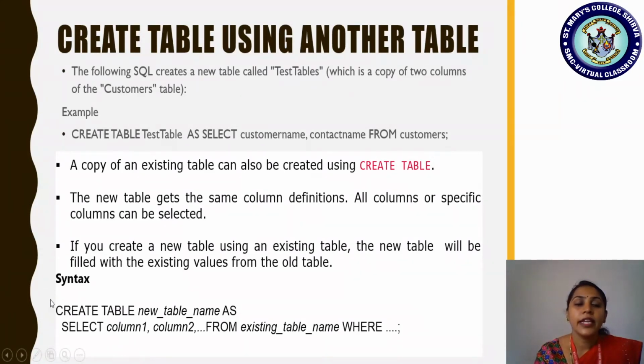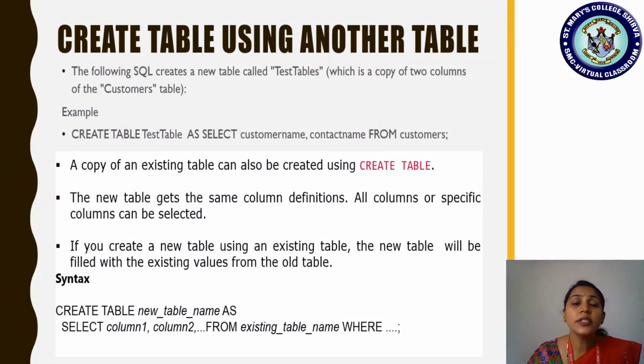Okay, then if you create a new table using an existing table, the new table will be filled with existing values from the old table. In the present example, you are trying to copy customer name and contact name from customers to the test table, right?